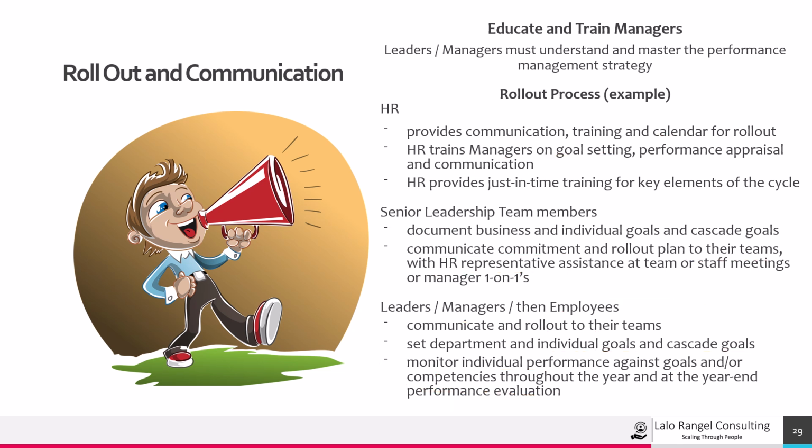Then, after the leaders and managers have set the department and their own individual goals and cascaded and communicated them to their teams, the rest of the employees are going to identify and document their individual goals. And again, leaders and managers are going to review and approve them to make sure that the goal alignment process is being followed.